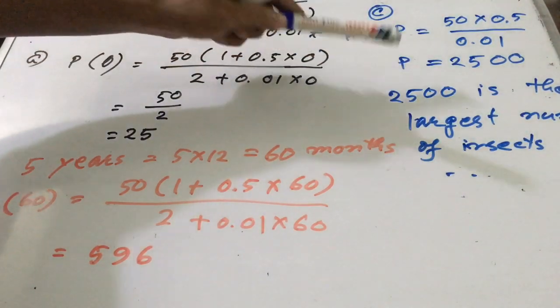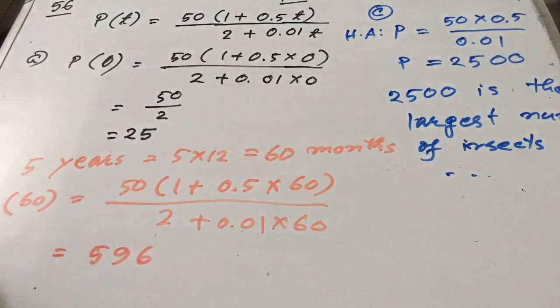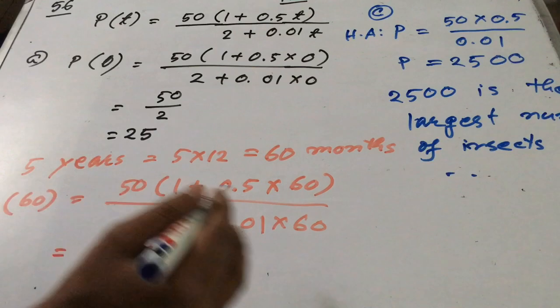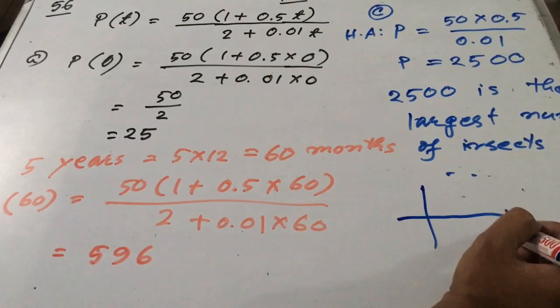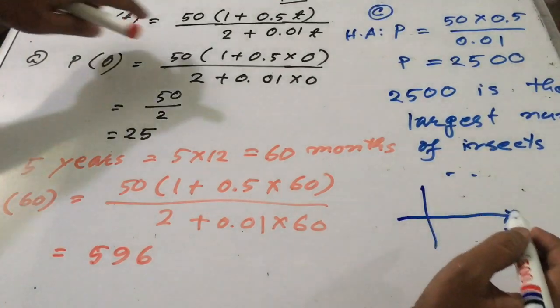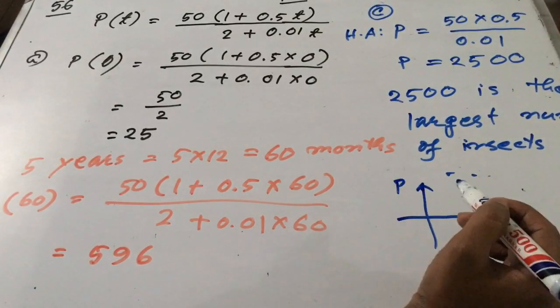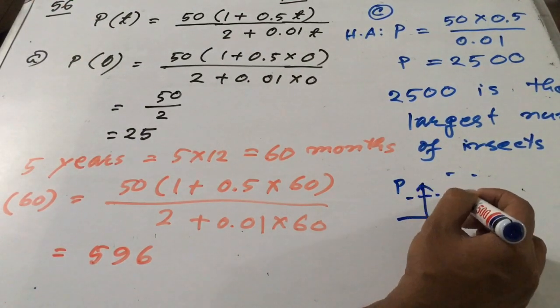Why? This is the asymptote, because if the value goes up and up, then the function goes closer and closer to this value. Why are we writing p here? Because if you look at the graph of this function, this direction is t, time, and this direction is p, population, and the horizontal asymptote will be somewhere here, 2500.